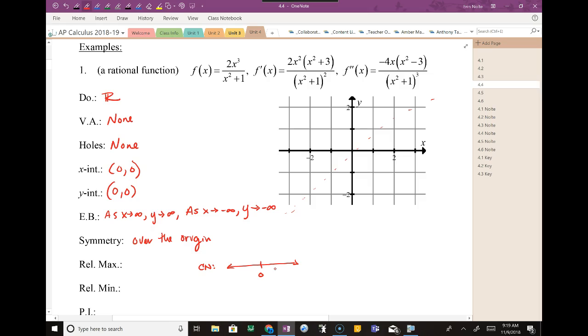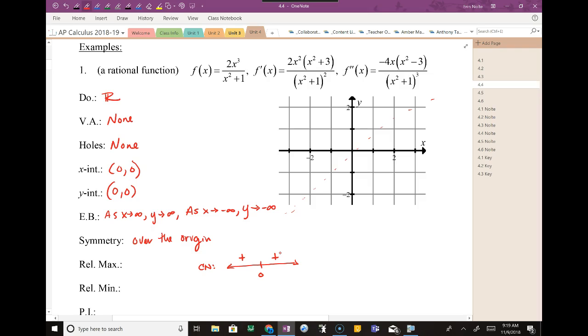Okay, so if I plug a value less than 0, like -1, into my first derivative, remember this is a first derivative test, I would get a positive, good. And what happens if I plug +1 in? You get a positive again. So this function goes up.